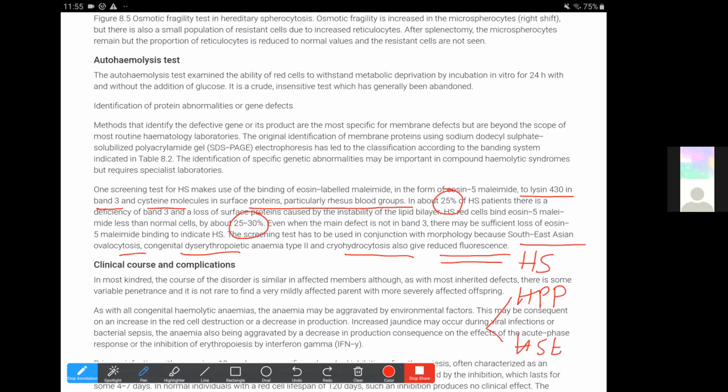Even that will cause decreased fluorescence, and the cryohydrocytosis form will also cause the decreased fluorescence. Then there is also CDA type 2 and Southeast Asian ovalocytosis. So in the stomatocytosis, it is the overhydrated cryohydrocytosis which gives the reduced fluorescence.